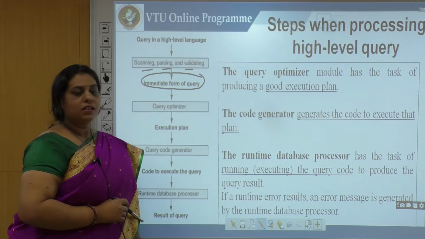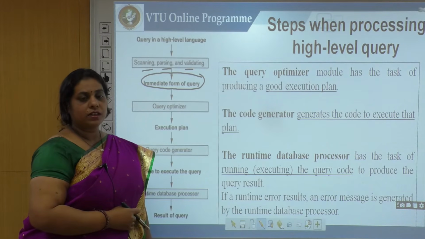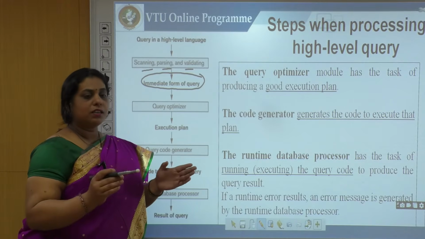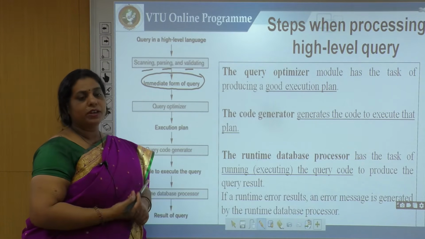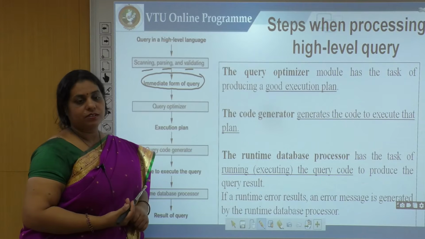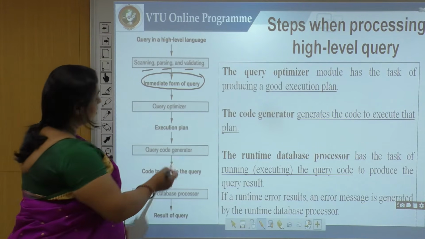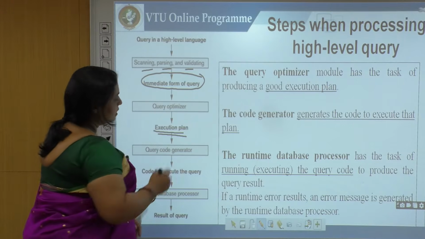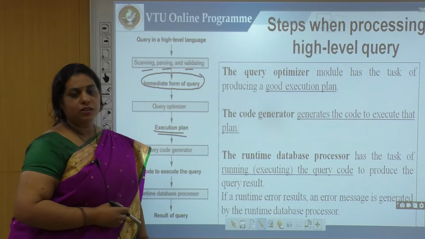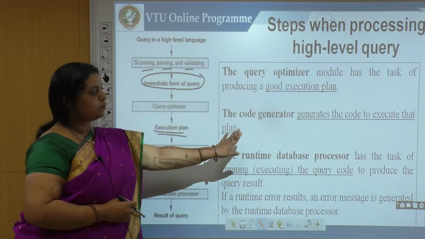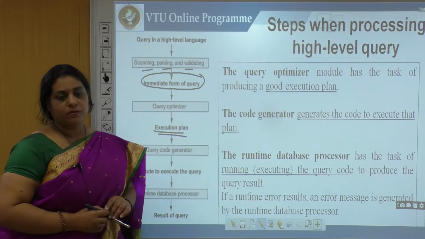The optimizer decides which is the better way of executing a particular query, because the same result can be obtained by n number of queries. Which one is the better one, right? Next, when the better execution plan is decided, what will the query code generator do? It will execute that particular selected best query.